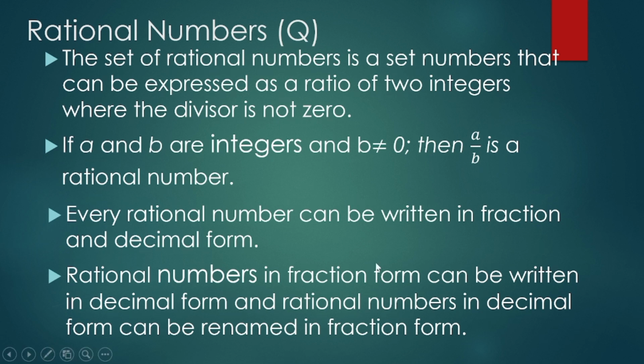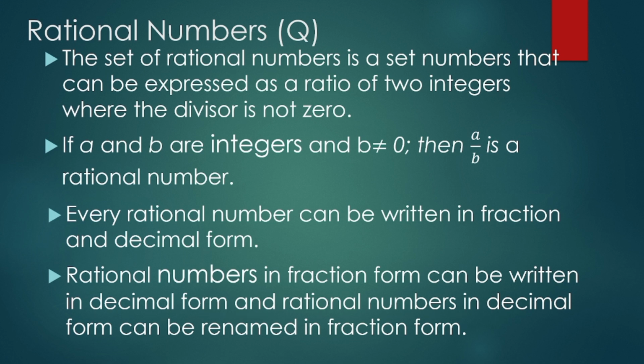So, rational numbers in fraction form can be written in decimal form, and rational numbers in decimal form can be renamed in fraction form. So, meron po tayo ng mga conversion, decimal to fraction, and fraction to decimal. So, kino-convert po natin yan. Okay?